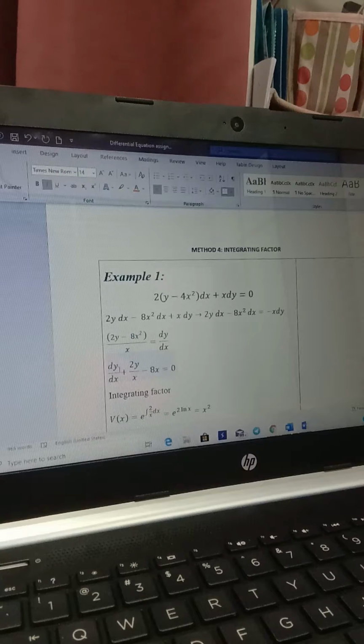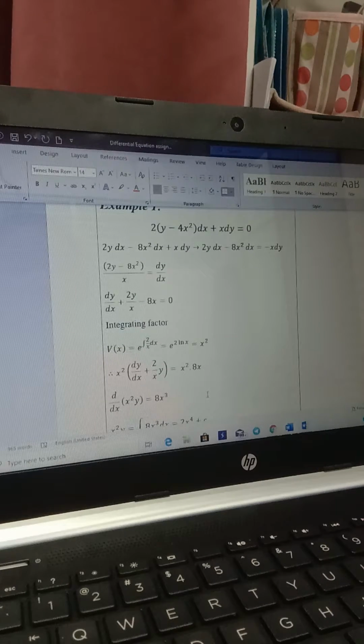So 8x squared over x, we cancel, it will become 8x, and we bring it to this side, and it will be positive, and we set it equal to 0. After we get this type of equation, we can proceed to the integrating factor.